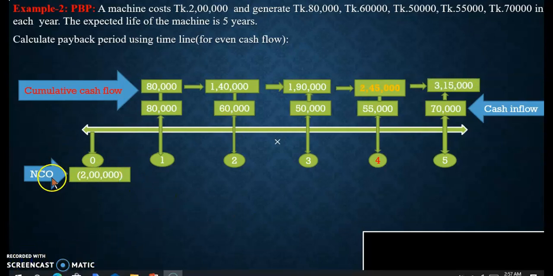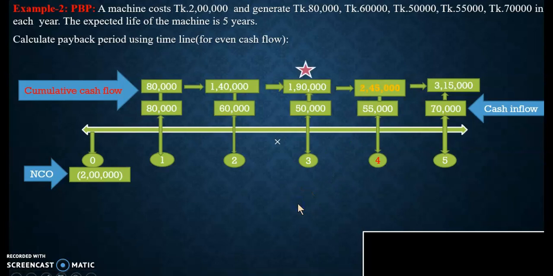In this problem, our cash outflow or initial investment is taka 2 lakhs, but cumulative cash inflow does not equal 2 lakhs in any one year. In year 3, it is taka 1,90,000, but in year 4, it is taka 2,45,000. The middle point between year 3 and year 4 is the payback period.